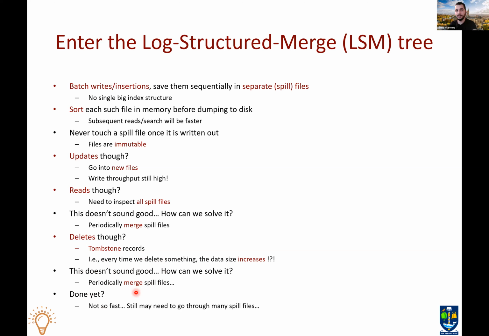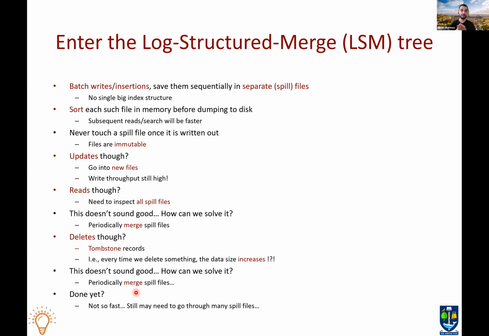What I really want is, I have all of these spill files. I want 2 things. One is a way to tell me which of these spill files I should look at, so I don't have to go through all of them. And if I have something that will bring that down to just a few spill files, I need a way of deciding whether what I'm looking for is in one of these spill files without actually scanning them.